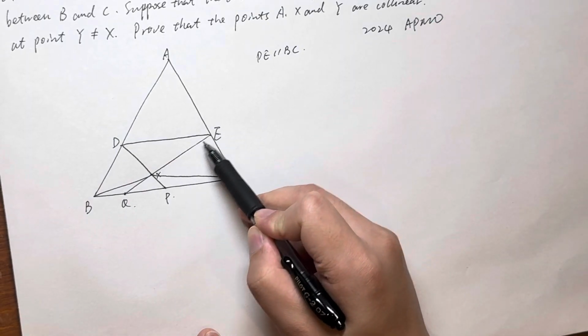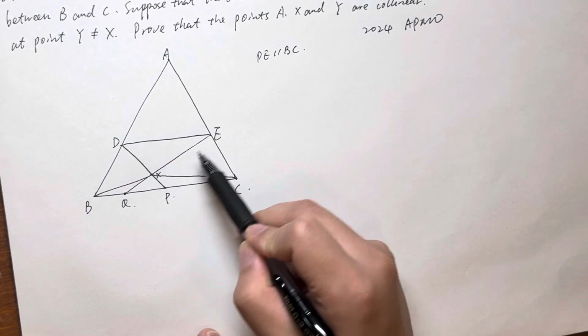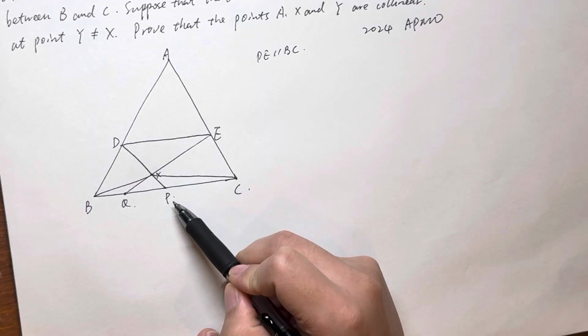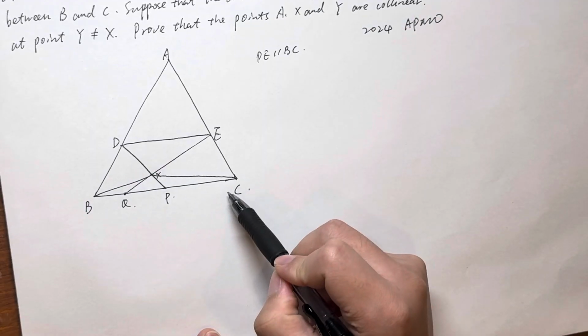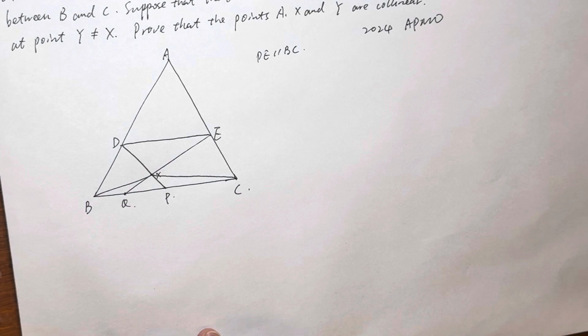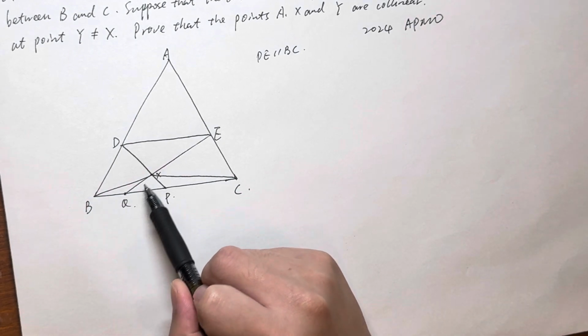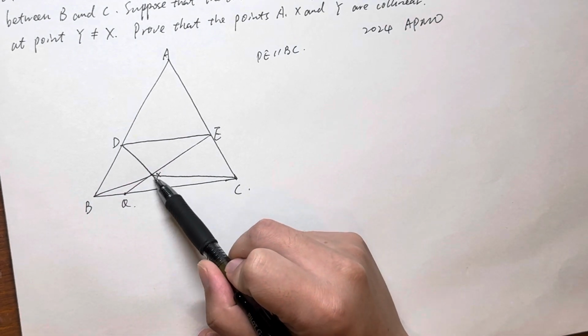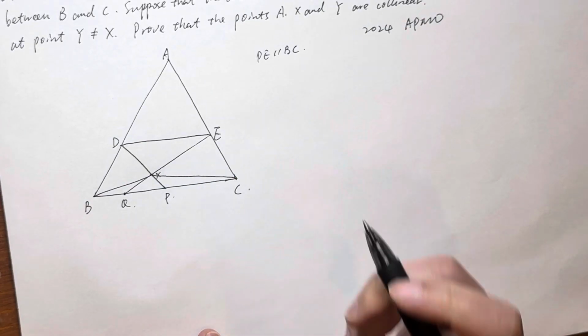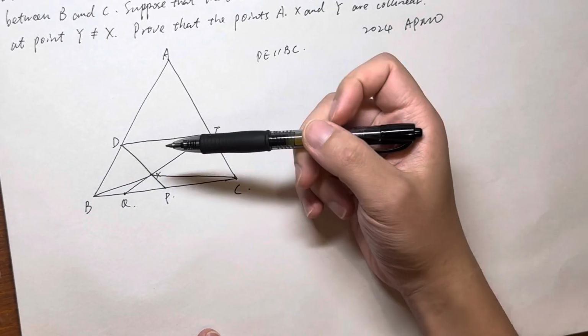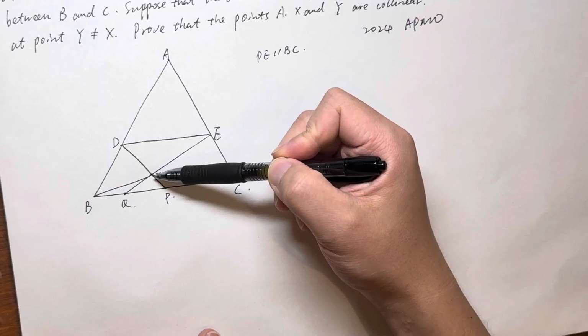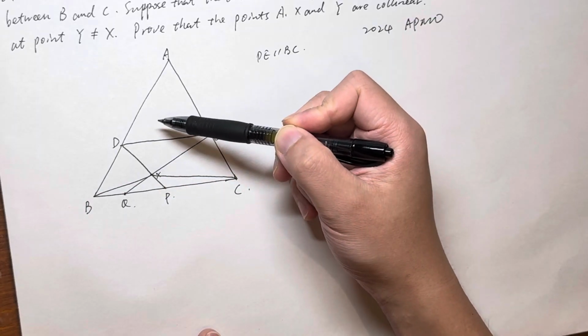We connect DX and EX, and extend DX and EX to meet BC at P and Q respectively. Then we find the circumcircles of triangle BQX and triangle CPX. These two circles intersect at two points. One point is X and another point is Y.